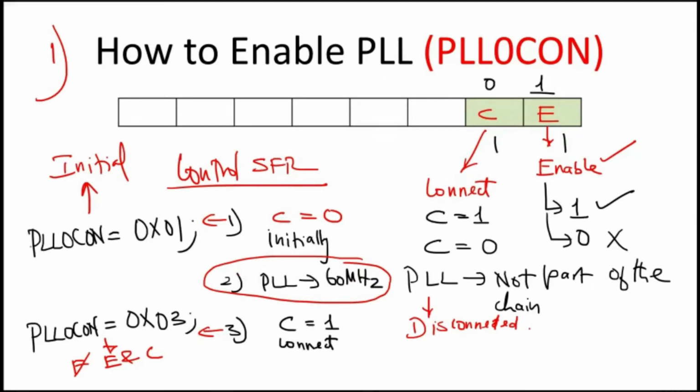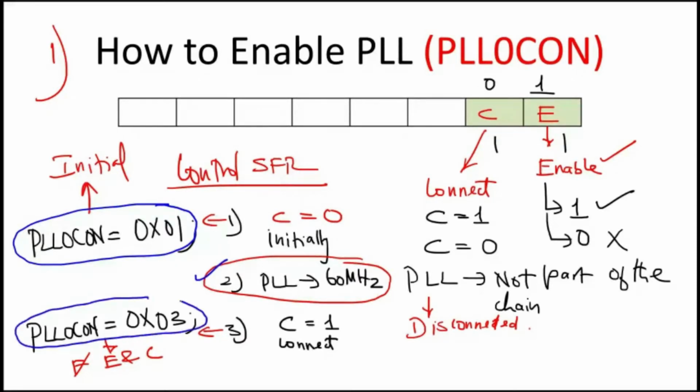So this is the initial condition. We start with enable equal to 1 and connect equal to 0. Later on, we make the PLL generate the 60 MHz clock. Finally, we make connect equal to 1 and enable equal to 1. So this is the initial stage, this is the final stage. So this is regarding the PLL0 control SFR.